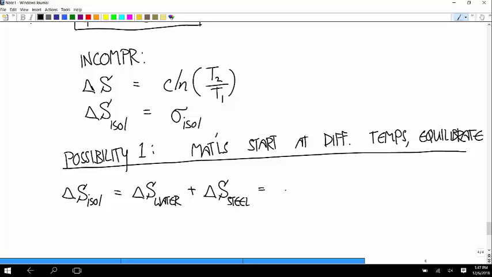And that is 3186 times the natural log of our later temperature in this possibility, 283.6, and our earlier would be 283.